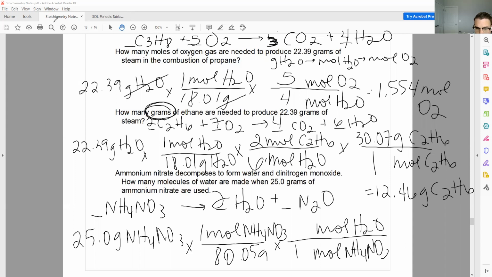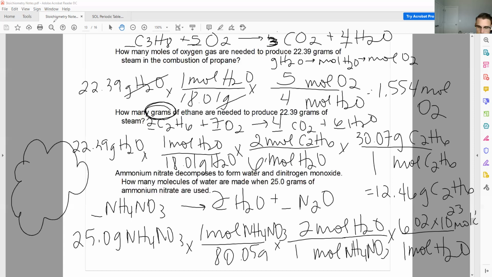For every 1 mole of ammonium nitrate, 2 moles of water, again, from the balanced equation. And then 1 mole of H2O gives me 6.02 times 10 to the 23rd molecules. I'm going to put the final answer right here.